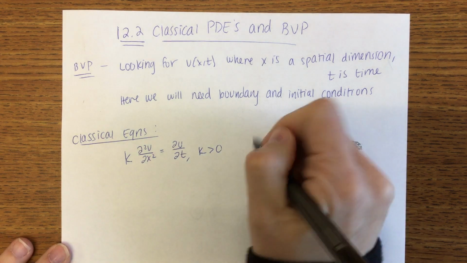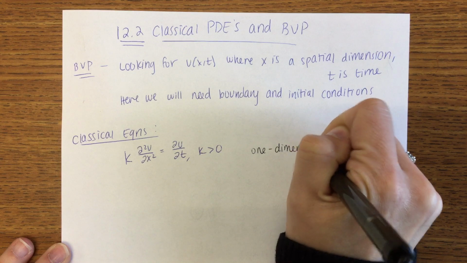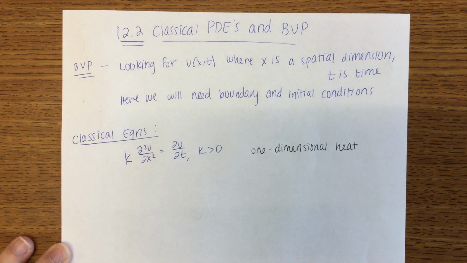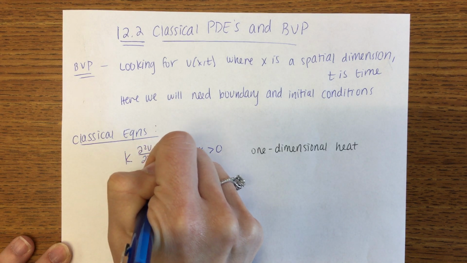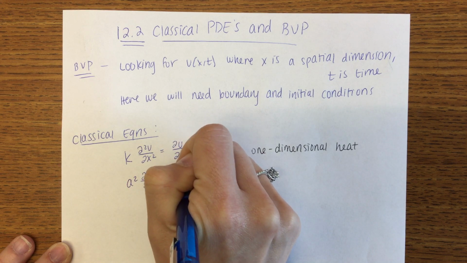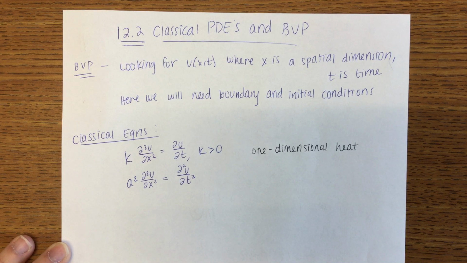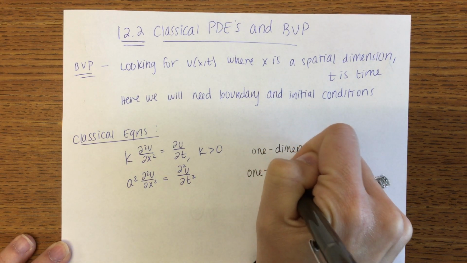This is called one-dimensional heat. Second one is a squared times the second partial of u with respect to x, equal to the second partial of u with respect to t. This is the one-dimensional wave equation.